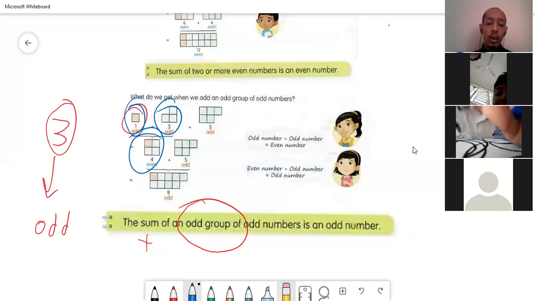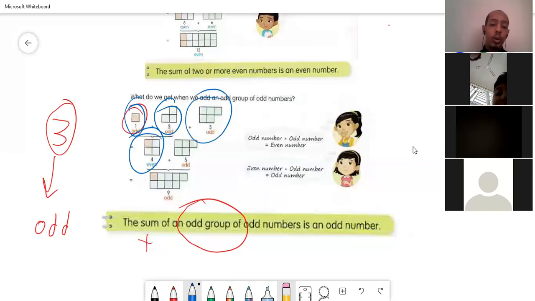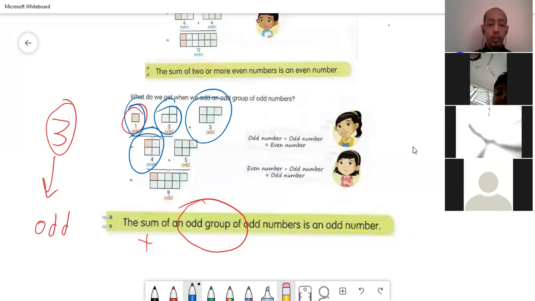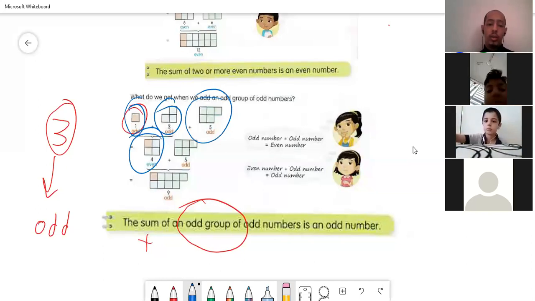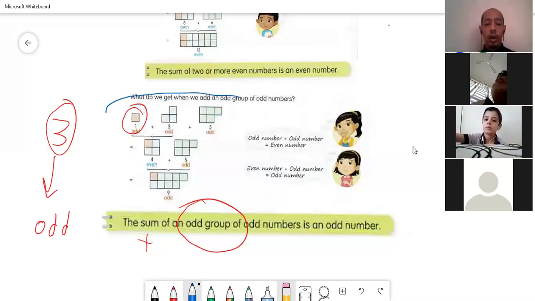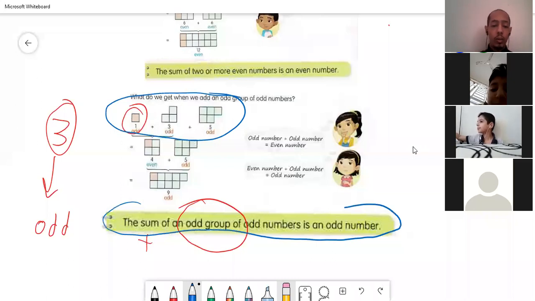But if we add another odd number to the 2, this is going to be an odd group of odd numbers. So our group now is 3 numbers of odd numbers. So the sum of an odd group of odd numbers is an odd number.